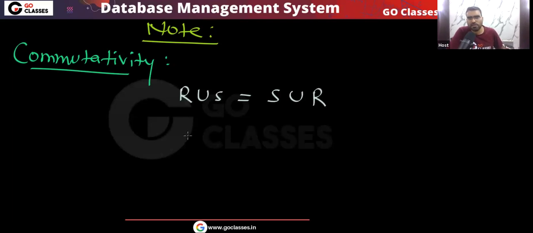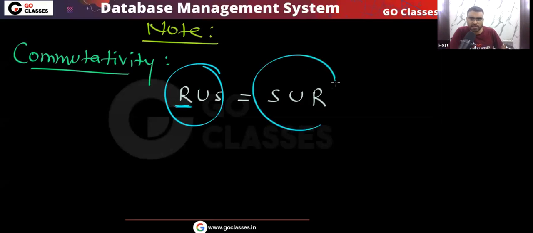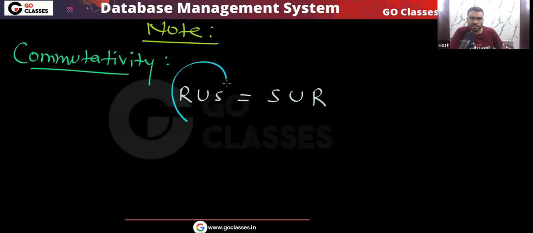If only data is concerned, don't worry about the schema. Here the schema of R will be used, here the schema of S will be used. Do you agree? So assume only data is concerned.